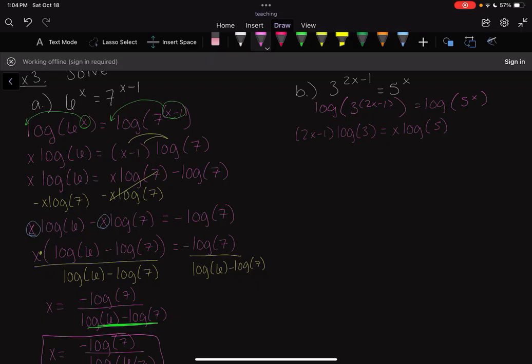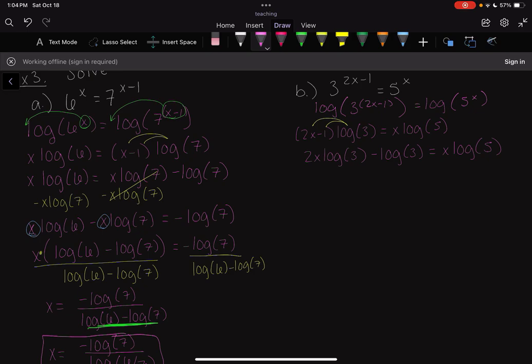Now I need to get my x's on the same side, but right now I have one of them stuck in that 2x minus 1. So I'll distribute to be able to get it out of there. Now I'm going to move all my x's onto one side and anything else on the other side.